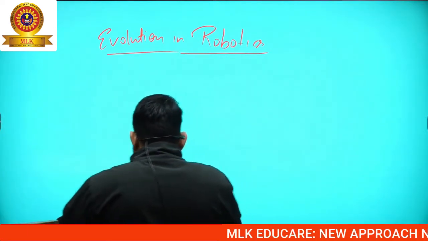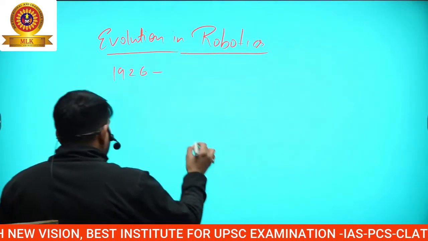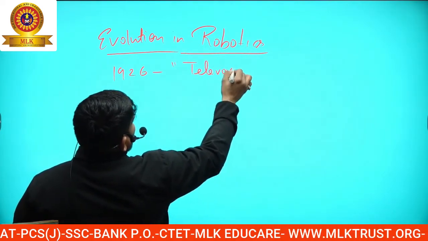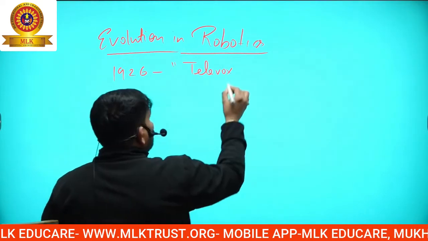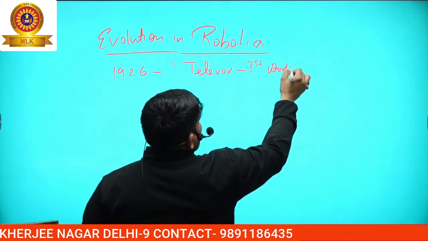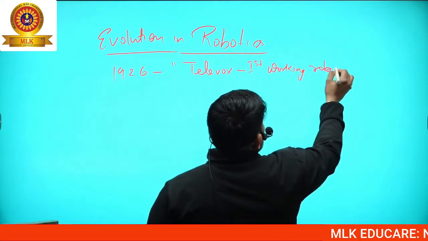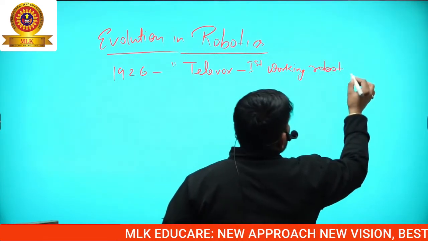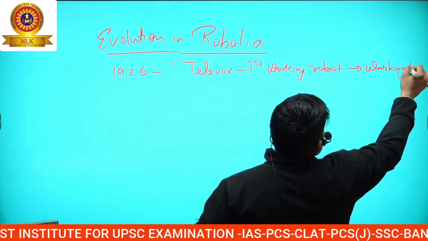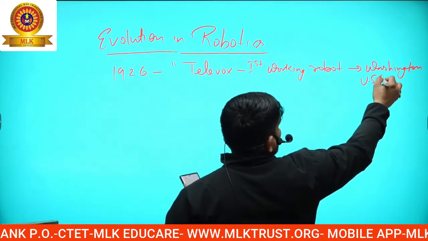चलो. In the year of 1926, ठीक है, there is a robot named the Televox. ठीक है, and this Televox is the first working robot, and introduced by the Washington, USA.